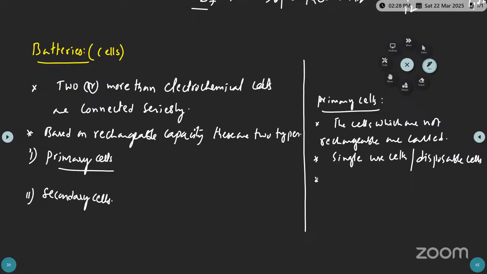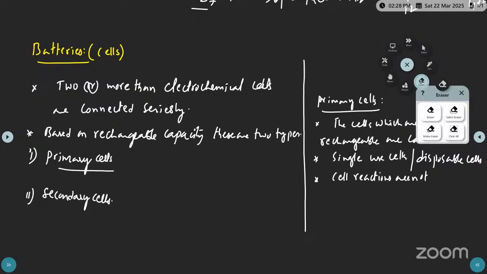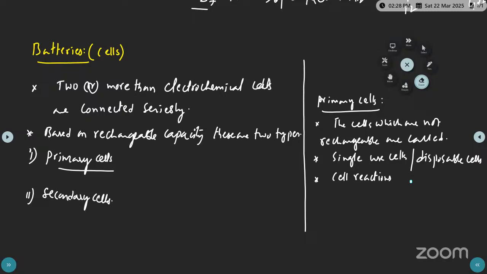And next, in the primary cells, the cell reactions are not reversible. Cell reactions are not reversible, which means only forward reaction takes place but not backward reaction.